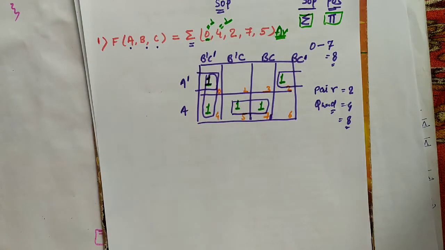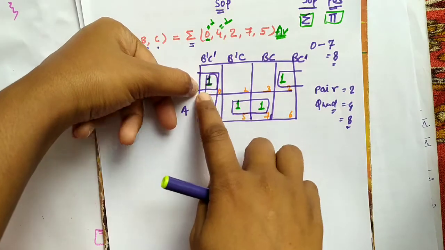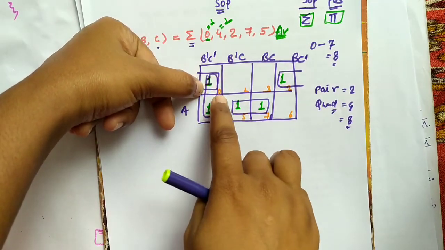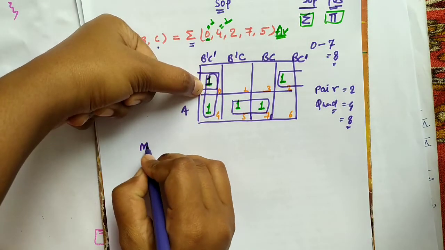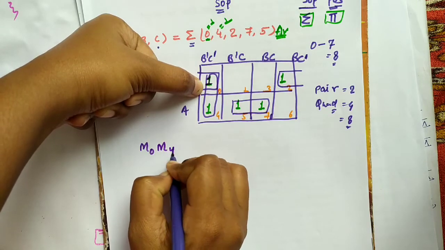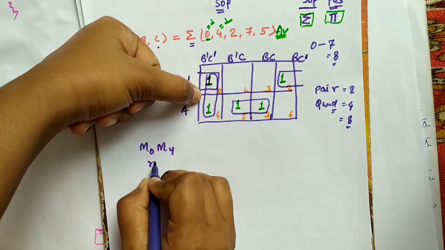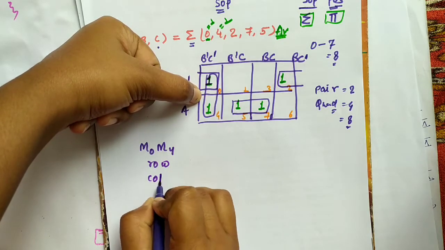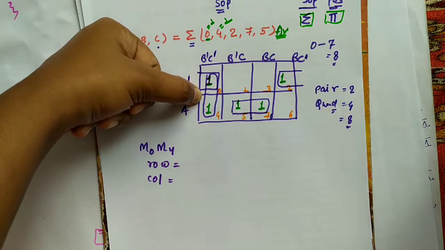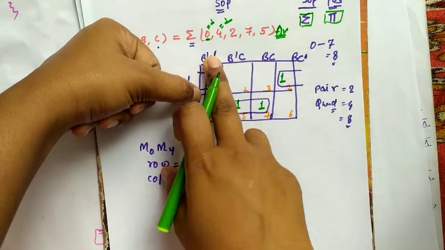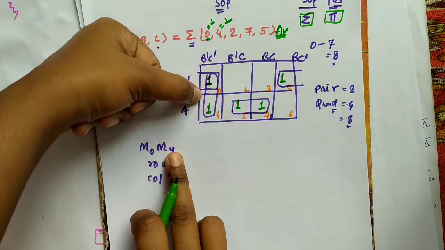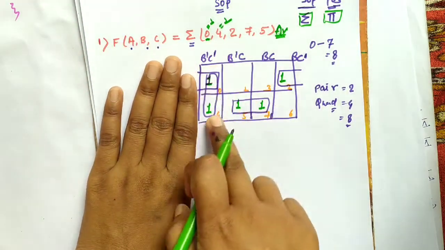Firstly, take this pair. This is the position of 0 and 4, so we write M0, M4. In M0, M4 there is a row and a column.